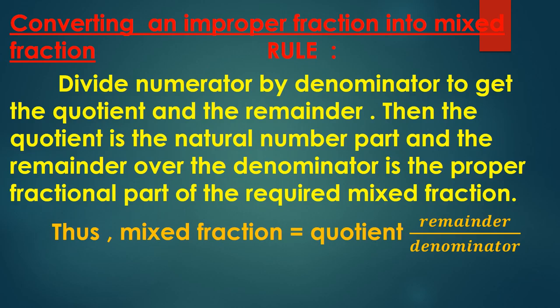Whatever quotient you get, that is the natural number part, and the remainder over the denominator is the proper fractional part of the required fraction. So what is a mixed fraction? Mixed fraction equals quotient as the natural number, and then remainder over denominator. In this way we can make a mixed fraction.